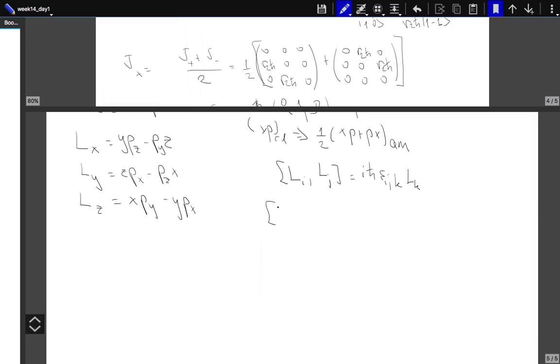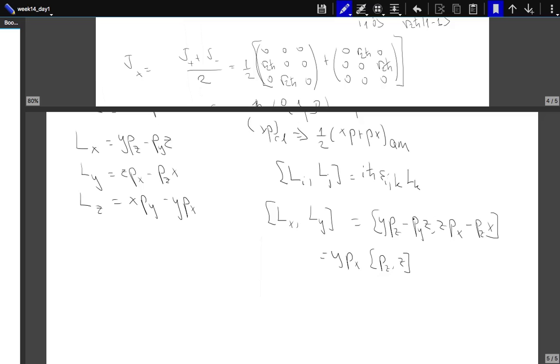Well, let's see. Let's start with Lx and Ly. Lx is ypz minus pyz. Ly is zpx minus pzx. Well, the commutator of the first terms is ypx, pz, commutator with z.